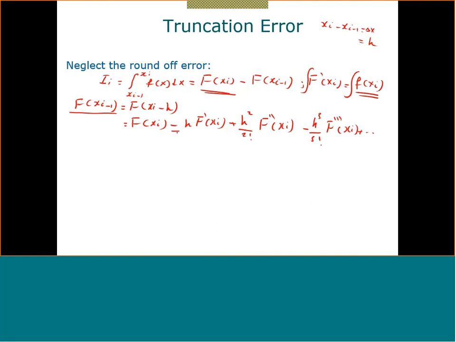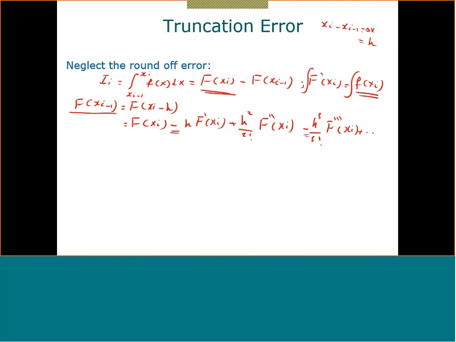And you see here, there is a minus sign here, a minus sign there. Why is that? Because we have minus h. If this were f of x_i plus h, the only difference would be that this would be plus and this would be plus. And we derived this before.